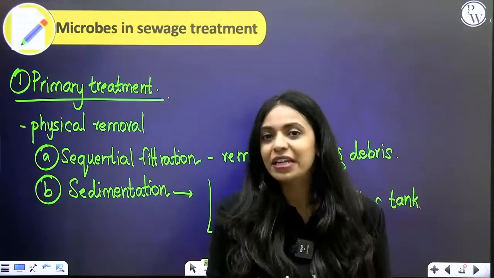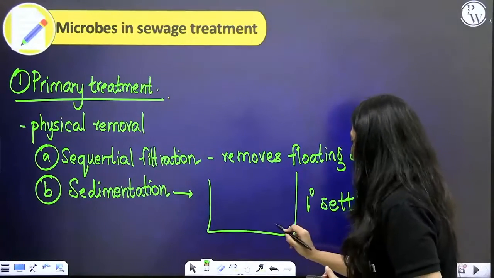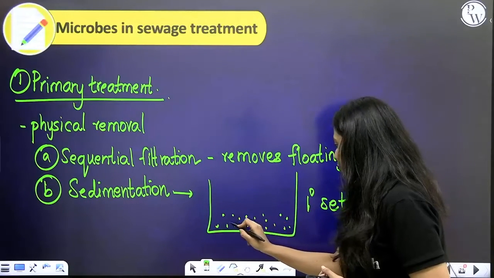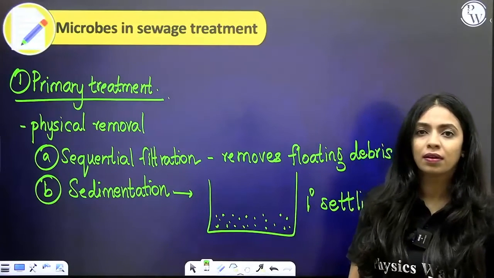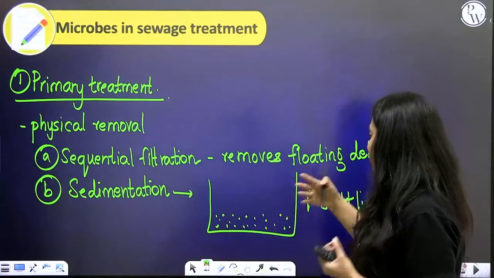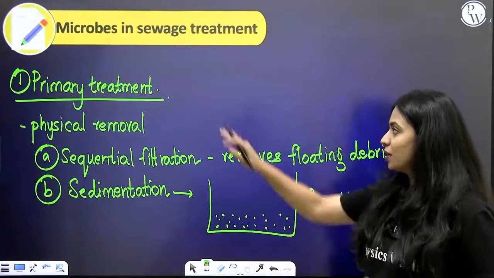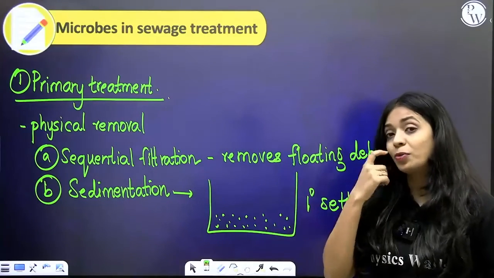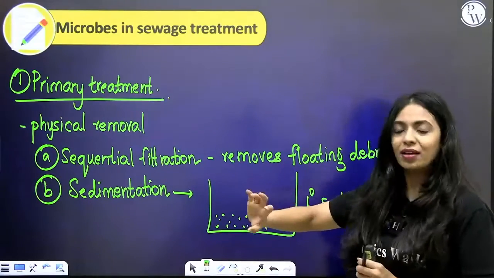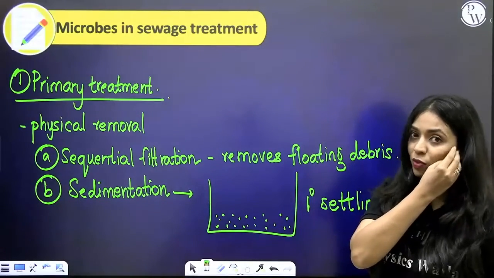So if there are any heavy, dense particles like sand, pebbles, grit and all of that, they will start settling at the bottom. That way, you can separate and remove all of these heavier, denser substances that you find in sewage in the primary treatment. Over here, we are not making use of any microbes, but we are removing whatever particles we can by physical or mechanical removal.